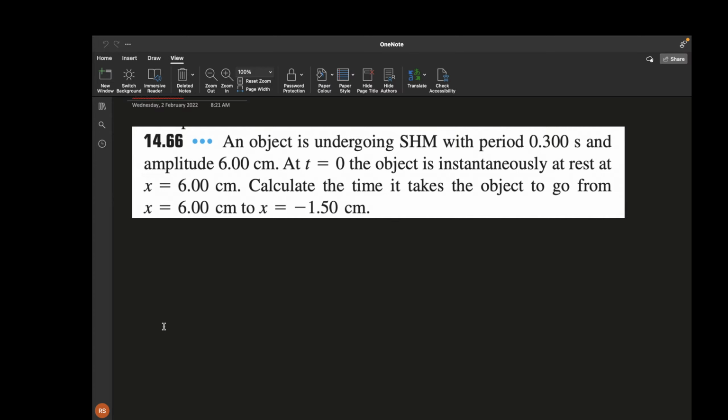At t is equal to 0, the object is at rest at x is equal to 6 centimeter. Calculate the time it takes the object to go from x is equal to 6 to x is equal to minus 1.5. How much is the time, or delta t rather?